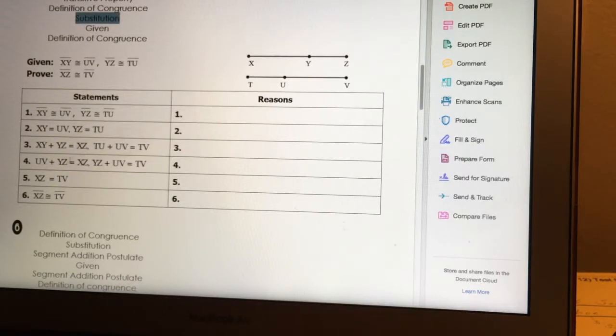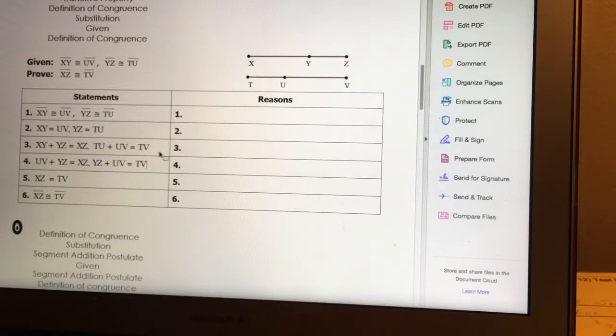Substitution is what allows you to replace something that equals something else in an equation. So let's confirm that this was substitution. We got TU plus UV equals TV. Then we have YZ plus UV equals TV. So the only thing that changed was TU goes into YZ, and we have this statement right here. So yes, they substituted in YZ for TU, creating this new equation from this one.